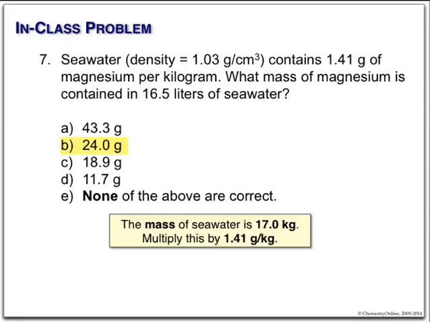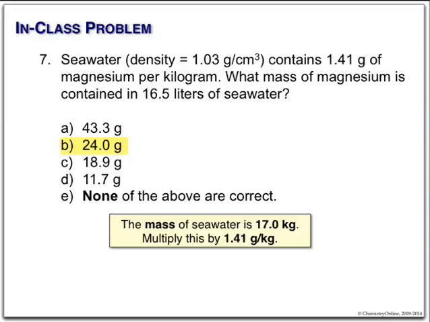Let's see, we have a density of 1.03 grams per cubic centimeter. Right? That's a ratio. We have a given here of 16.5 liters.